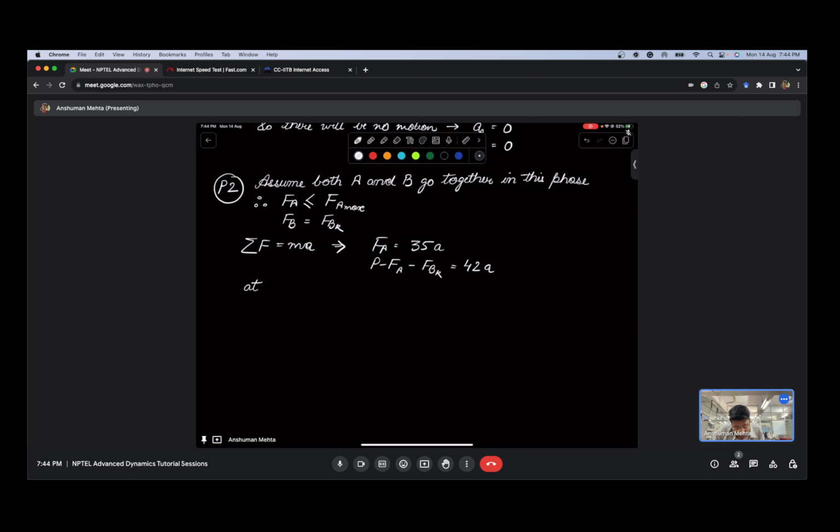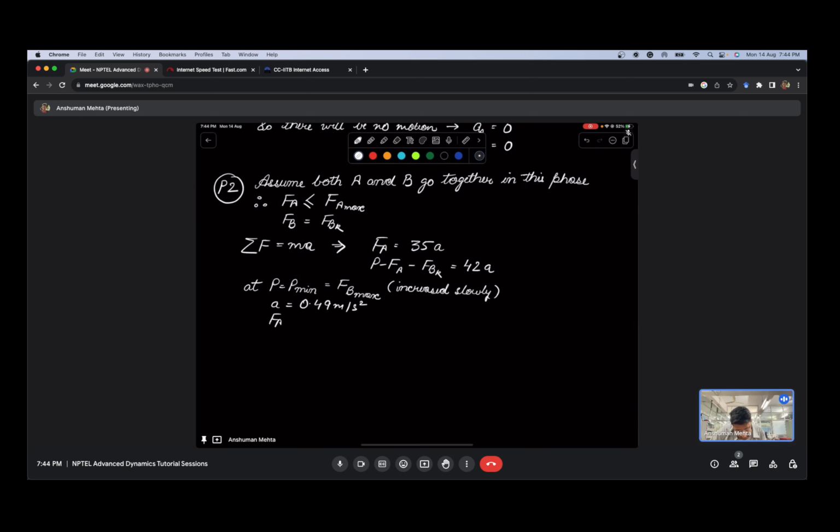Now at P is equal to P min is equal to F B min P max, which is increased slowly, A is equal to 0.49 meter per second square.